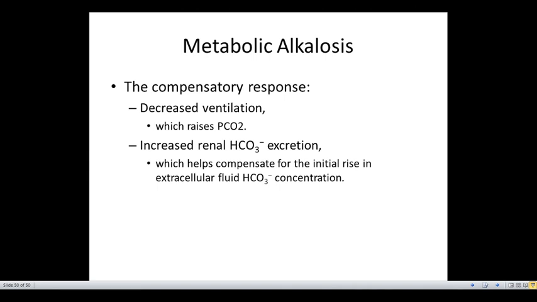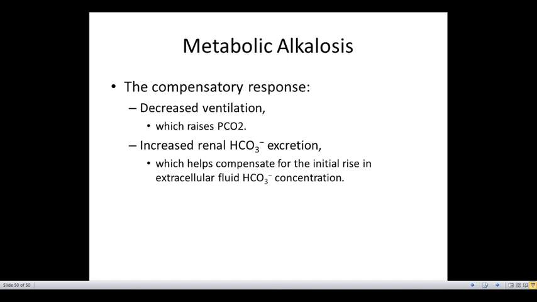Therefore, the compensatory responses in metabolic alkalosis include: number one, decreased ventilation, which raises the partial pressure of carbon dioxide, and number two, increased renal bicarbonate ion excretion.